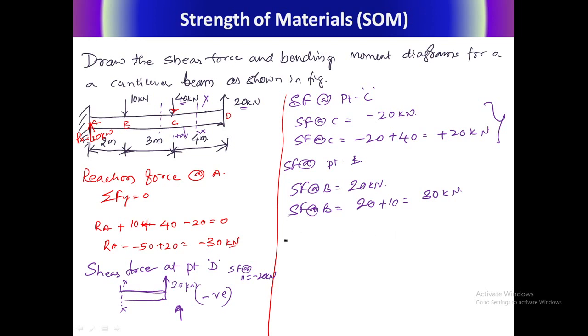Similarly, shear force at A is 30 kilonewton. And after consideration of the reaction force, shear force at A is 0. In the last problem, we have not come across this one. So you need to carry out these steps also.